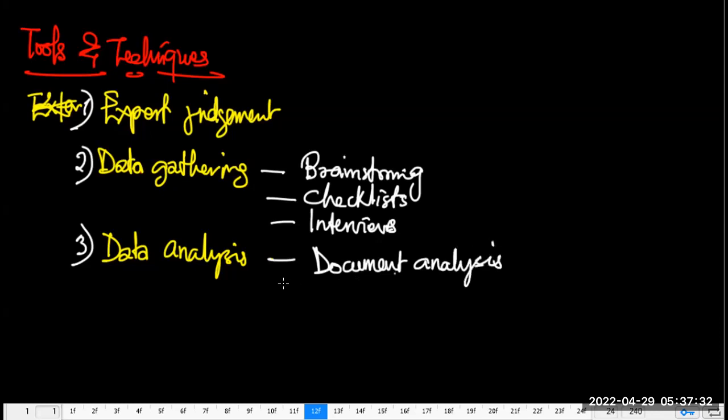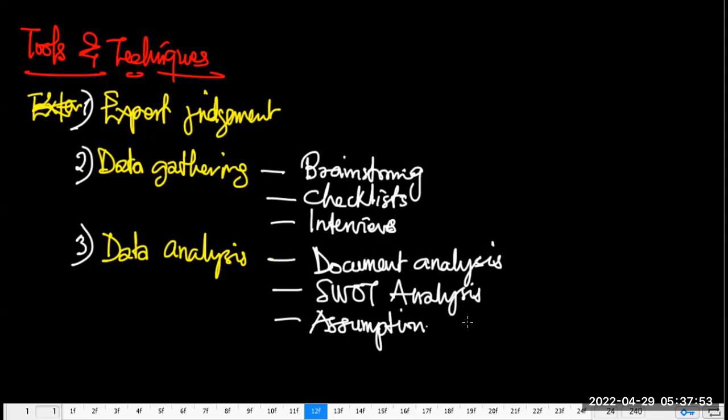There is the SWOT analysis: strengths, weaknesses, opportunities, and threats. There is assumptions and constraints analysis. Remember your assumption log.